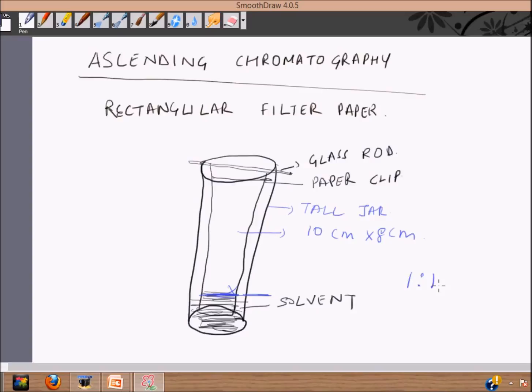Leave it for about an hour, and the solvent rises slowly by capillary action, reaching the cross marked on the line, and then goes on rising higher and higher. So what do you observe in this experiment? Let's take an observation.